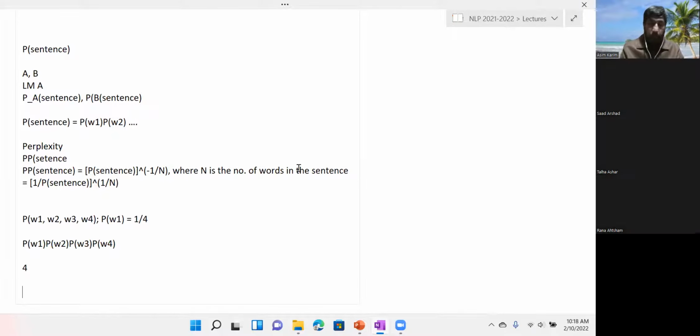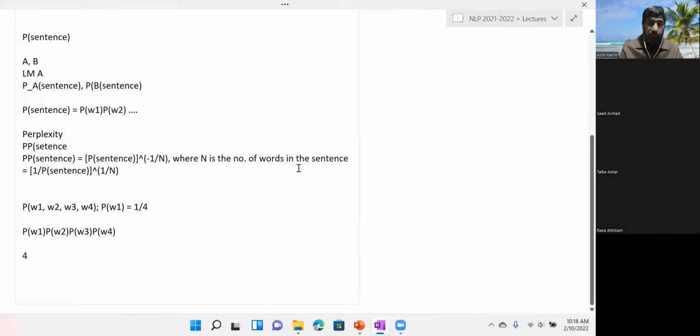So perplexity is the inverse of probability, right? Of course, it's also normalized. Which perplexity would be considered better, higher or lower? It is the inverse of probability.